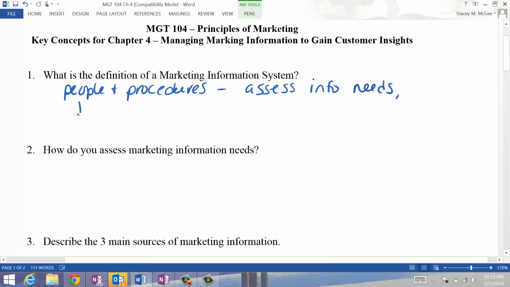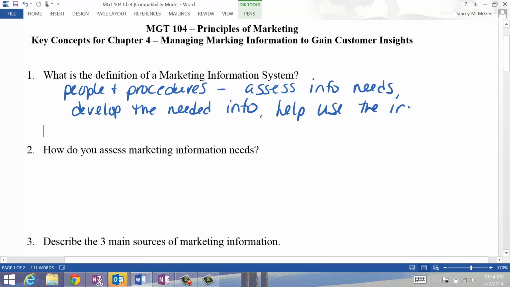They help us then to develop the needed info. So whether that information already exists or whether we have to go out and get it, that's part of this process. And then the last part of this process is to help marketers use the information to gain insights on our customers.